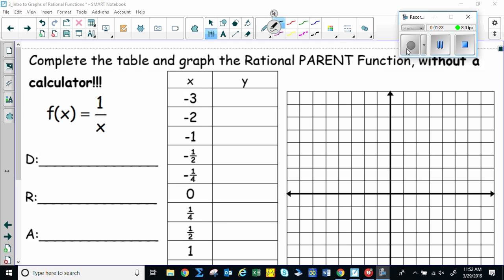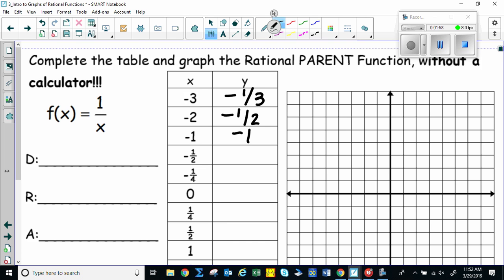All right, so what I'm going to do is generate a table here using this parent function. So if I take my fraction 1 over negative 3, I get negative 1/3. 1 over negative 2 is negative 1/2. 1 over negative 1, negative 1. That's pretty straightforward. When I asked my last class to take 1 and divide it by negative 1/2, they were a little unsure.